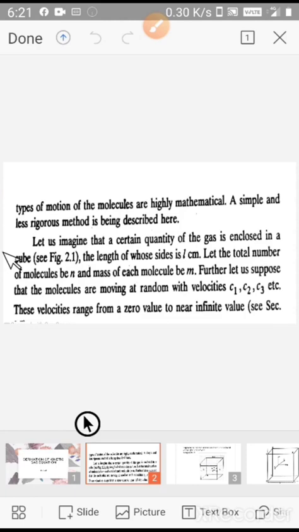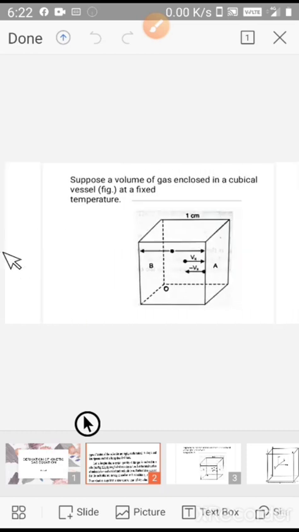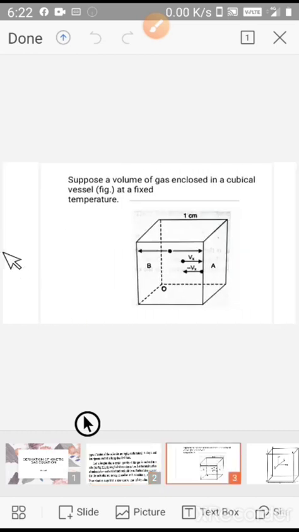Now consider a cube, a cubical container which is filled with gas, and we know that gas molecules are point masses. It is enclosed in the cubical container as shown in this diagram.